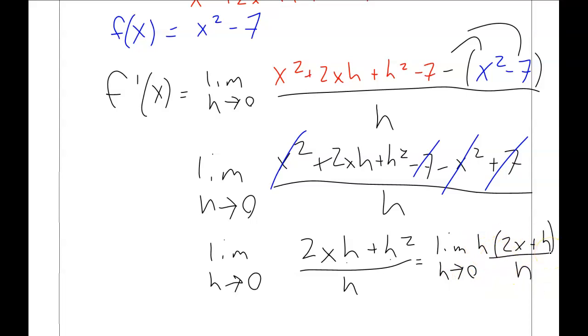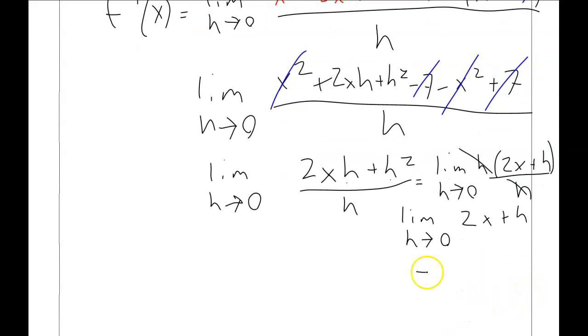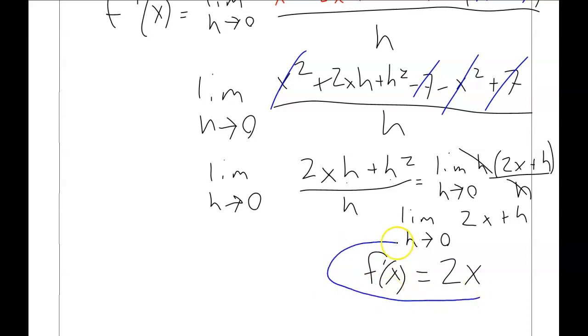So I undistributed an h, right? And those cancel out, and then I'm left with the limit as h approaches 0 of 2x plus h, which when I plug in that 0 just ends up being 2x. So that is f prime of x. That is a formula for the slope of my curve.